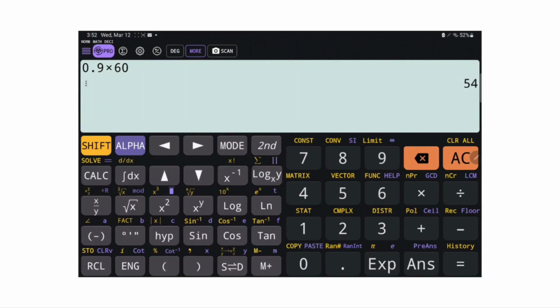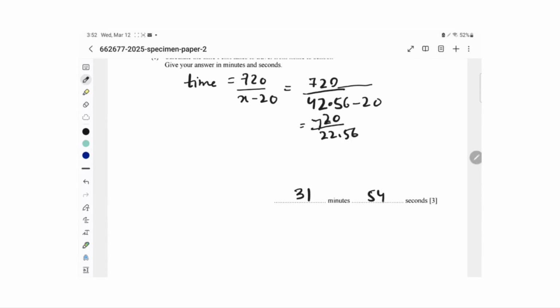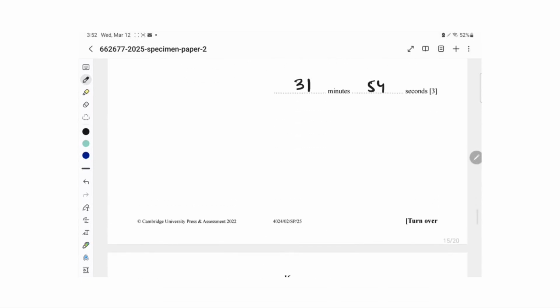It's 54. If you take one more decimal place, maybe it's 55 seconds.